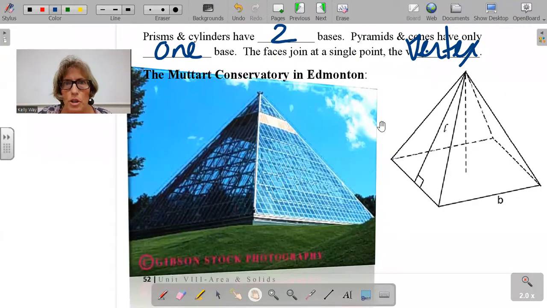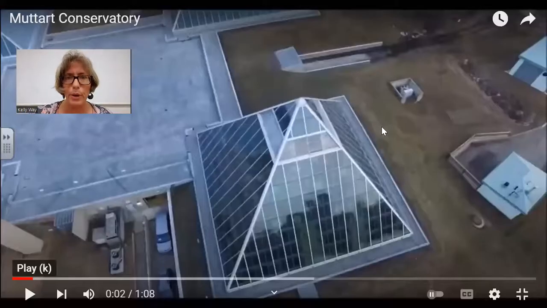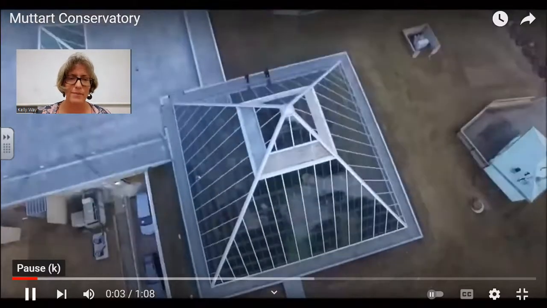Now, to demonstrate the two different heights, I mentioned slant height versus true height. Let me introduce you to a great landmark that's in Edmonton, Alberta, Canada. I've got family there. This is called the Muttart Conservatory.